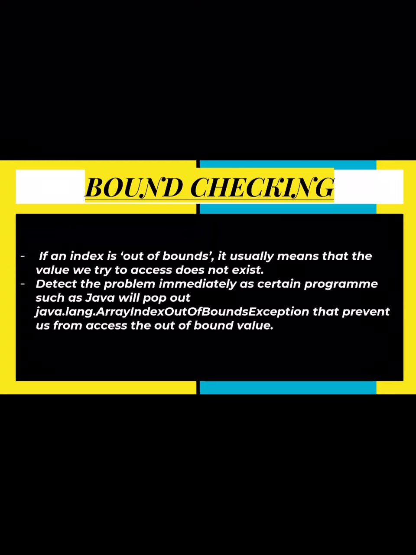If an index is out of bounds, it usually means that the value we try to access does not exist. Through bound checking, we can know the problem immediately, as certain languages such as Java will pop out java.lang.ArrayIndexOutOfBoundsException that prevents us from accessing the out of bound value.